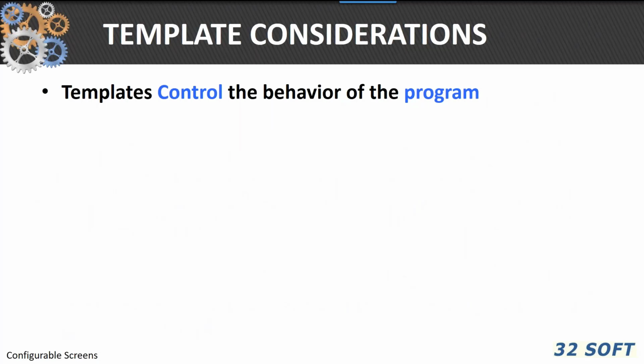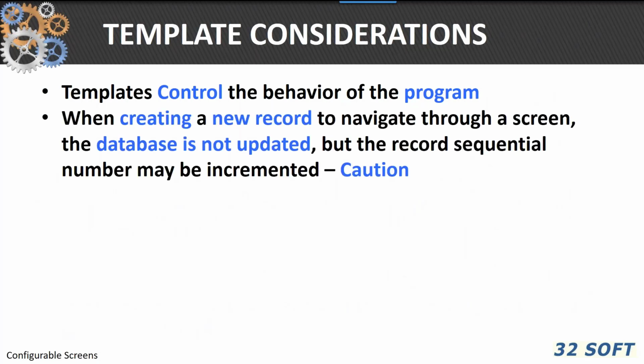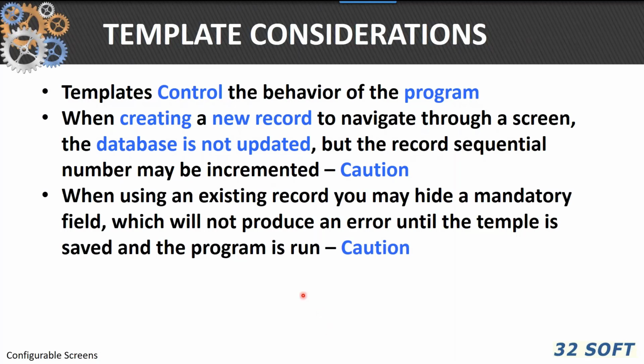Some considerations: the template controls the behavior of the program. We'll see how that works. When we're creating a new record to navigate through a screen, the database is not updated, but the recording of sequential numbers, such as sales order numbers or work order numbers that are set in control files, may be incremented, so you need to have caution about that.